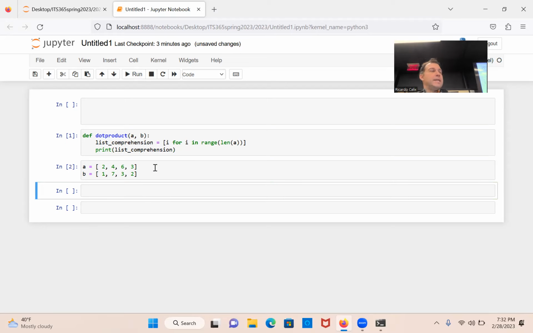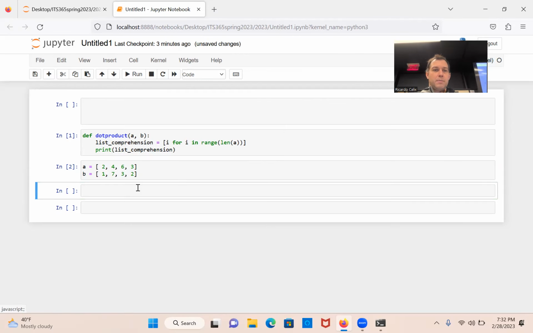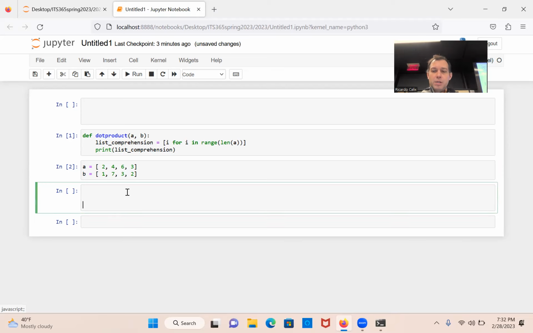All right. And then now I'm going to invoke the function. So I'm going to say print, and then I'm going to call in here the dot product. Okay. And it's going to take in A and B. You guys see that?